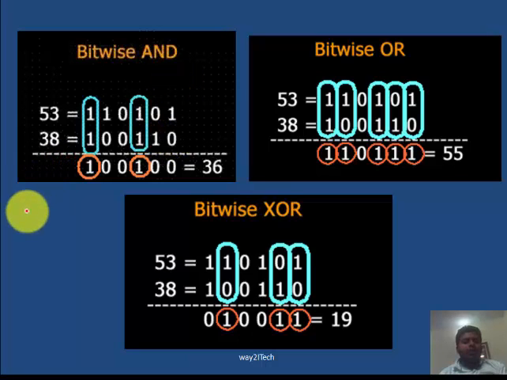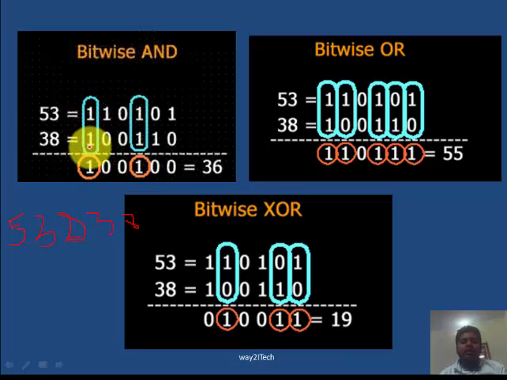So what will be the value of 53 and 38? It will work like this. It will AND the corresponding bits. AND of 1 and 1 is 1. AND of 0 and 0 is 0. AND of 1 and 0 is 0.